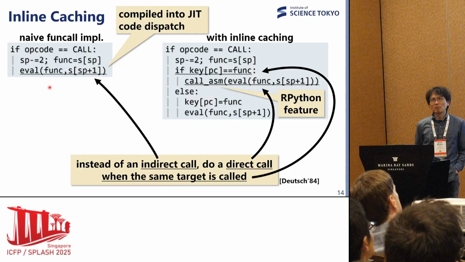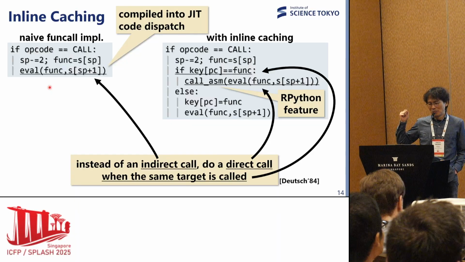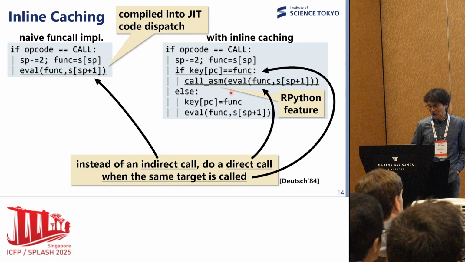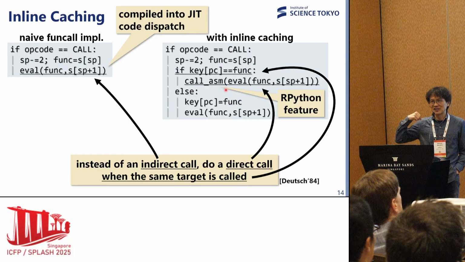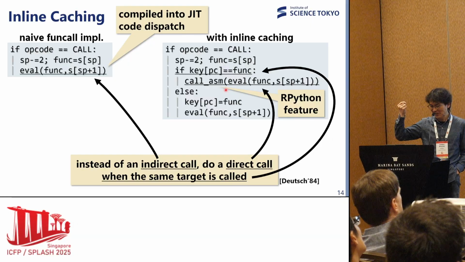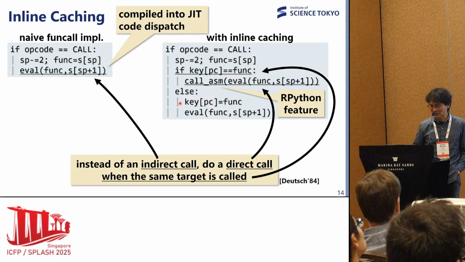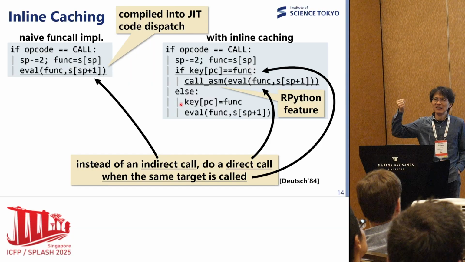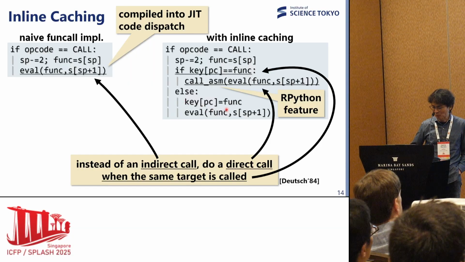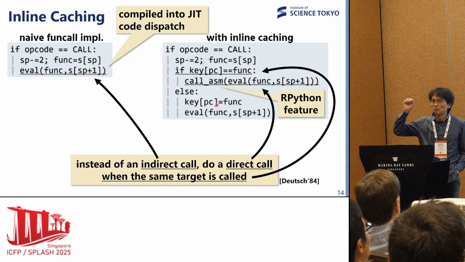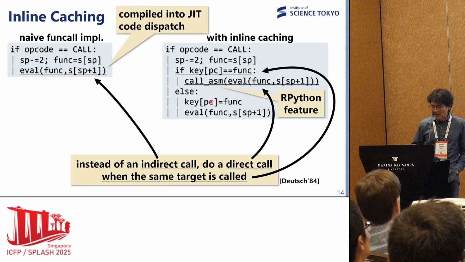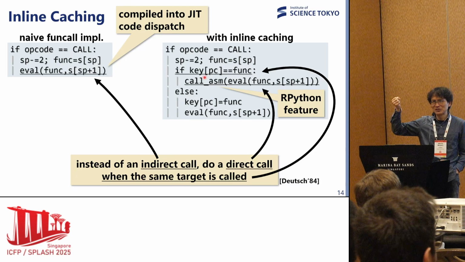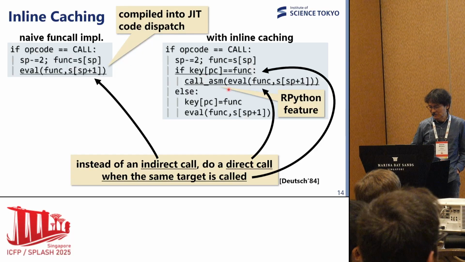But by using one kind of RPython feature, we can generate the direct call and also insert some kind of cache technique. So for the first time, we record it. We record for each call site which function was called, and the next time the call happens, if we are going to call the same function, then we generate a direct call.